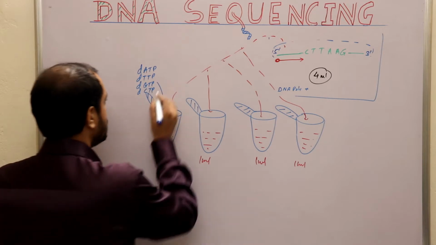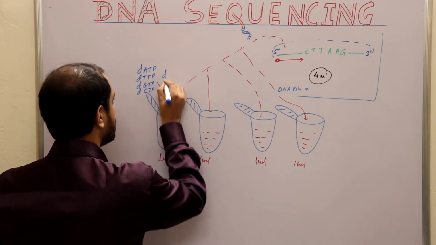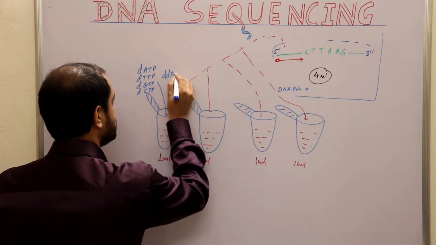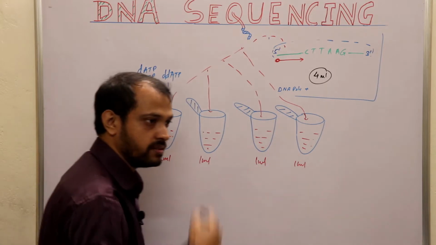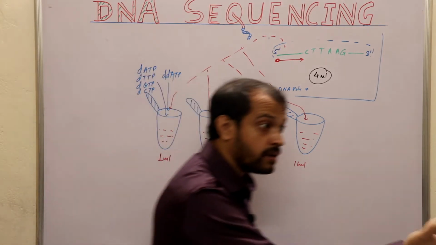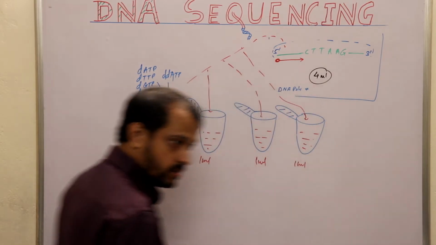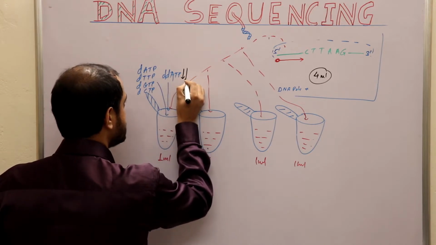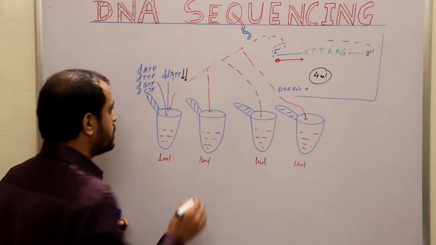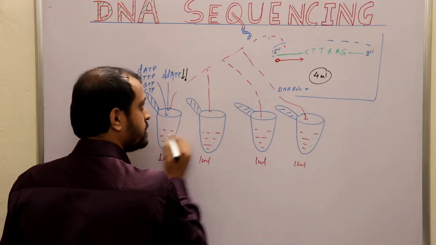That means to this test tube, we'll add only one, that is ddATP. To each test tube, just add 1. 1 means not 1 microliter or something like that, but this concentration should be less than this.